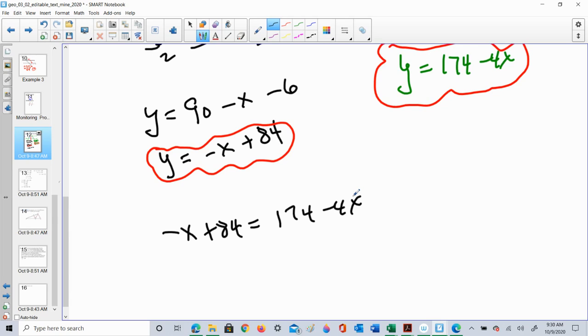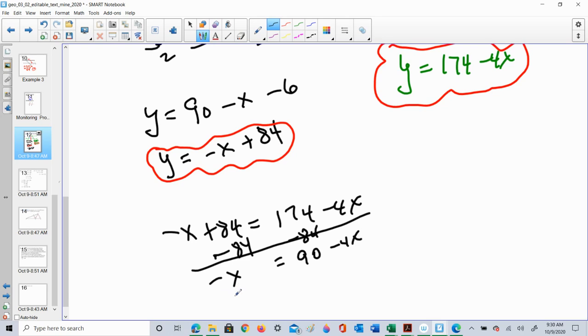So I'm going to subtract 84 from both sides. 174 minus 84 is 90 minus 4x equals negative x.